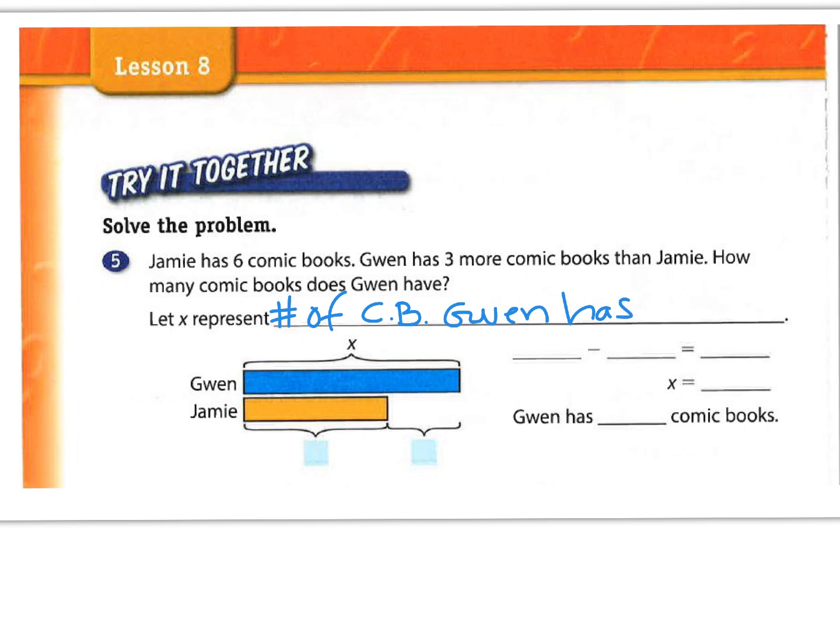She has x, but we know that Jamie has 6 and that Gwen has 3 more than her. So if we make this 6 plus 3 equals 9, then we know that Gwen has 9 comic books because she has 3 more than Jamie, and Jamie has 6. So 6 plus 3 is 9.